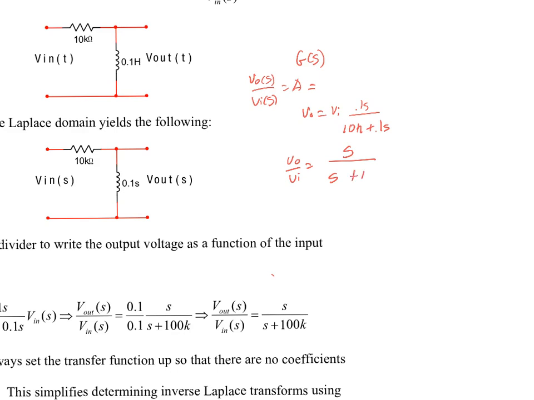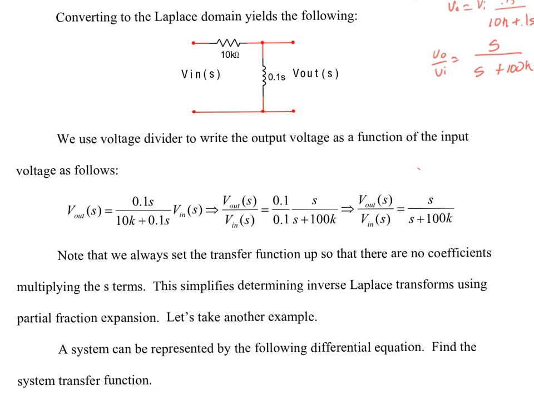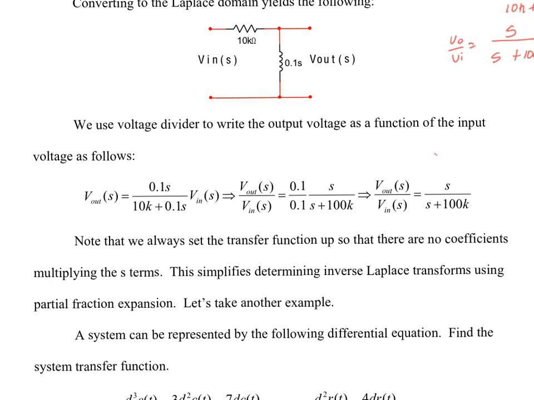So I actually get 100K when I factor it out. If you ever get stuck, just say I'm factoring out a 0.1, then you can see it pretty quickly. So I have 10K over 0.1, which is 100K, multiplying by 10. And that is your transfer function.